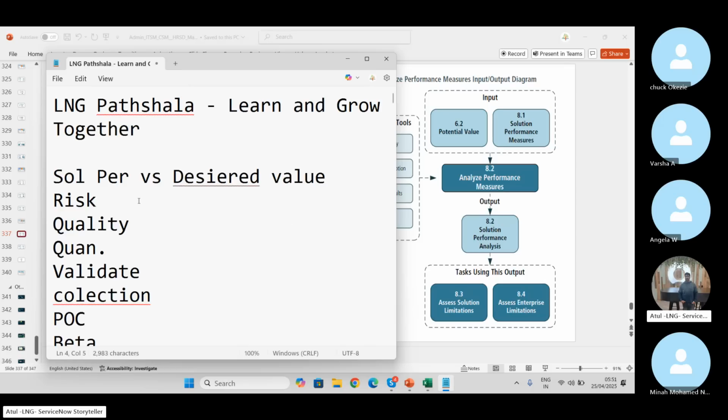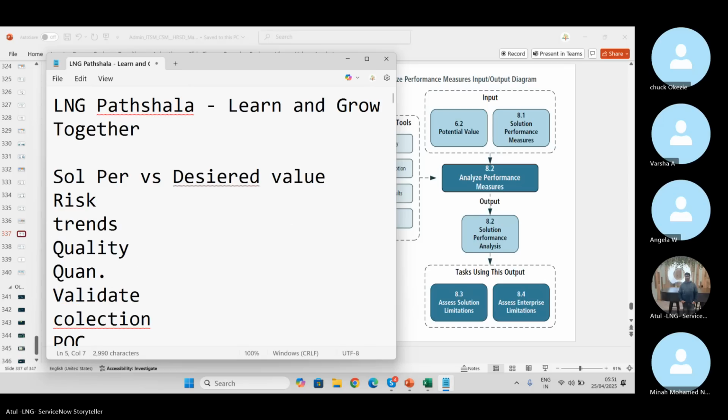Now, once you find out the risk, then you have to find out the trends. Trend means how previously we were behaving and now what is the situation. Graph charts, pie charts, trend lines, spike lines, which tell you how we behaved in the last 1 year.